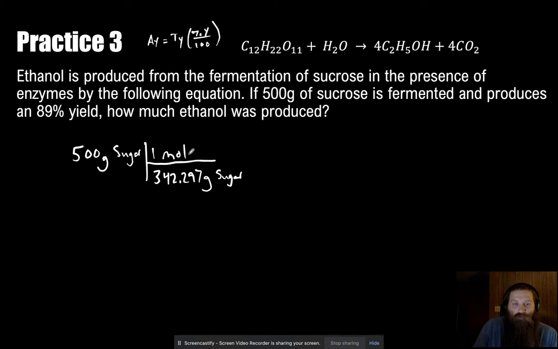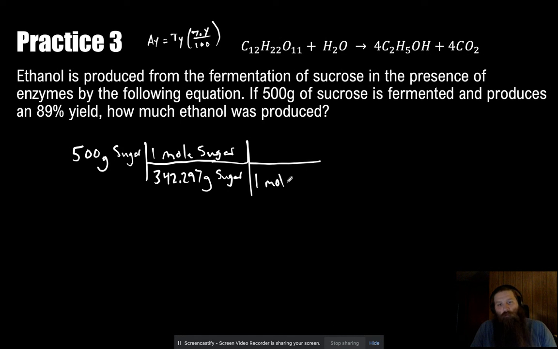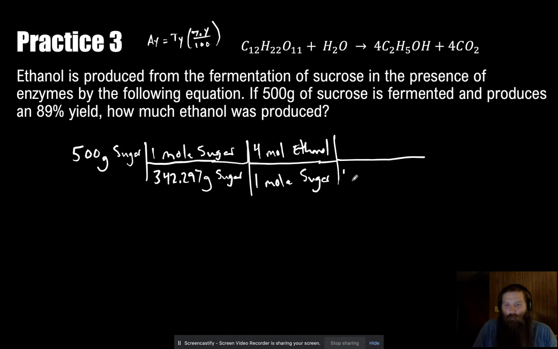Right, it didn't change from the last time. According to our balanced equation, it takes 1 mole of sugar to make 4 moles of ethanol, and 1 mole of ethanol is 46.069 grams.